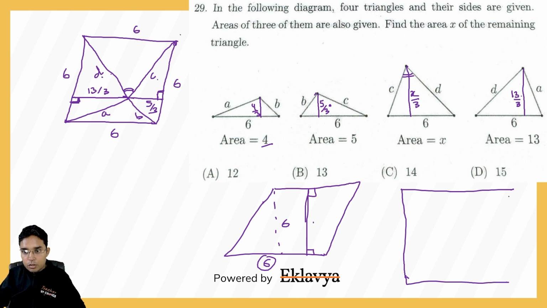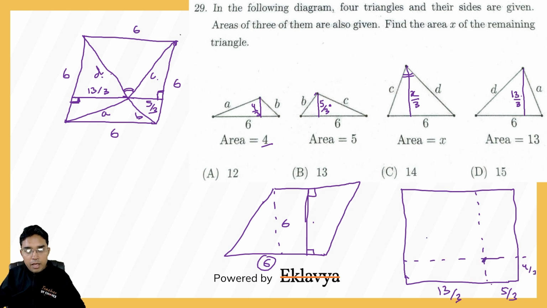And in one of the possible scenarios, what we can do, we can have a line such that this portion is 5 by 3, this portion is 13 by 3, and there is one more triangle whose height is known to us, that is 4 by 3. Let us say this is 4 by 3.